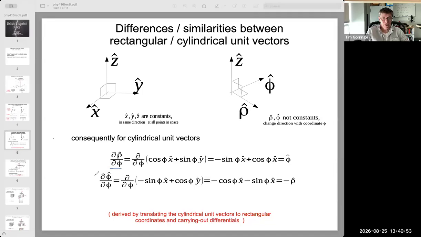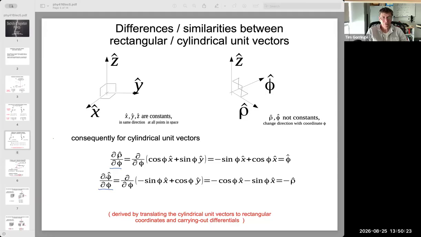Over here on the left-hand side of this pair of equations, that's the rate of change of the rho unit vector with phi. So in this partial derivative here, you're imagining by what amount that rho vector changes as you rotate in phi. Same thing downstairs here. This is how much the phi unit vector changes as you move around the z-axis, changing phi.